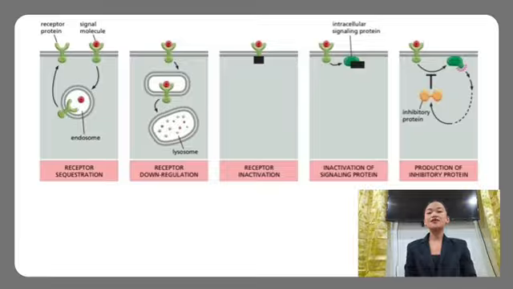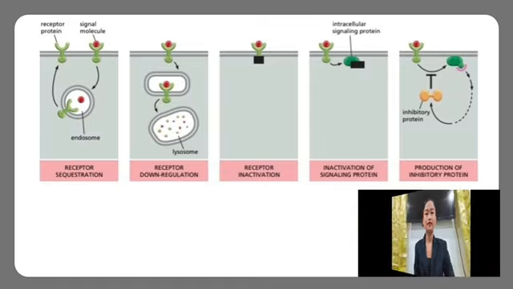This prevents overstimulation while allowing the cell to reuse the receptor later. Second, receptor downregulation. Unlike sequestration, here the receptors are destroyed in lysosomes. This permanently decreases the number of receptors available for signaling.